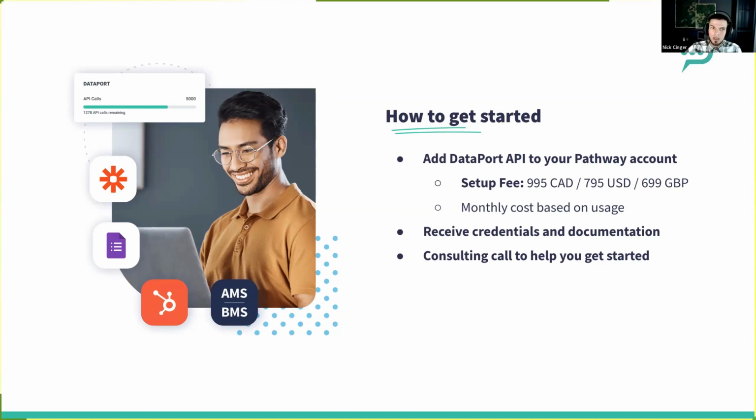But you'll see that you get a lot of API calls there for not that much. And if you're using it laser focused, it won't really cost you that much. You get the credentials and the documentation from us, and you also get a consulting call with us if you need more ideas on how you can use this and some suggestions on what you can do, and if you have questions of how something works.